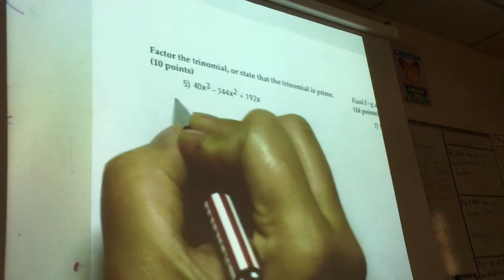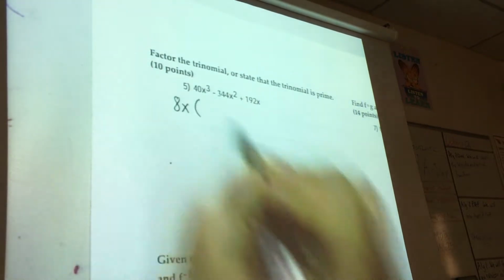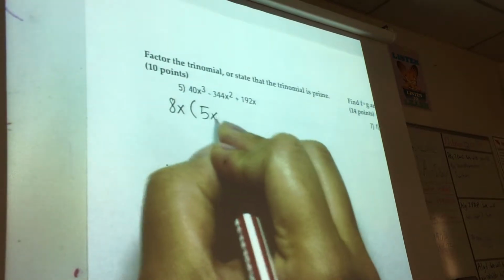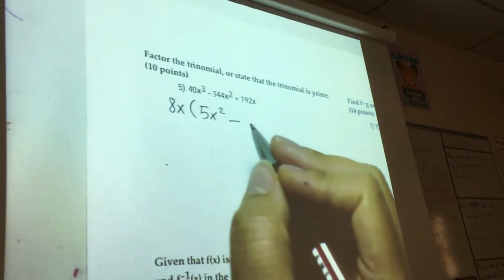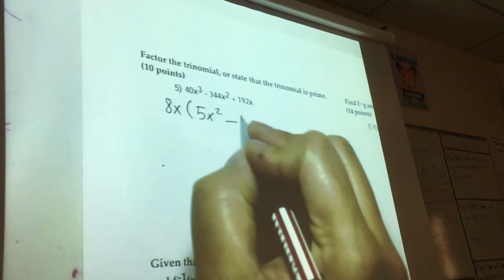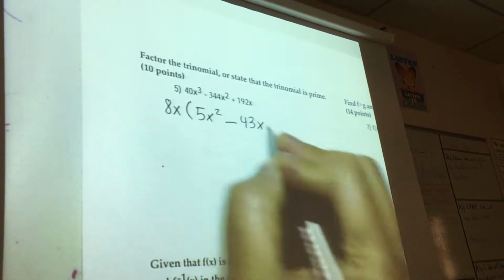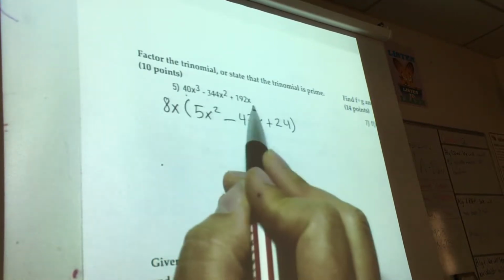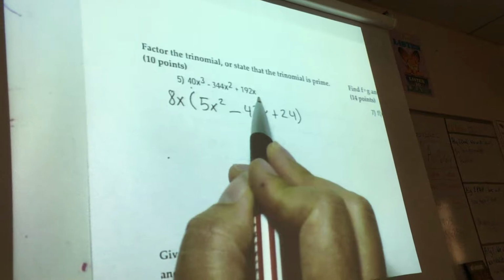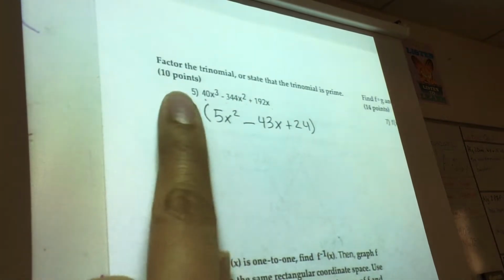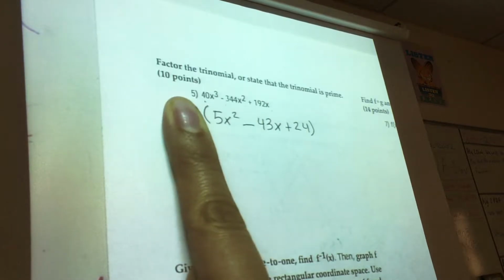So we divide everything by 8, and I get 5x squared minus 43x plus 24. So everything is divisible by 8. The same thing's going to happen in your test. You first have to do that. For right now, we're going to forget about that 8 and just look at that.